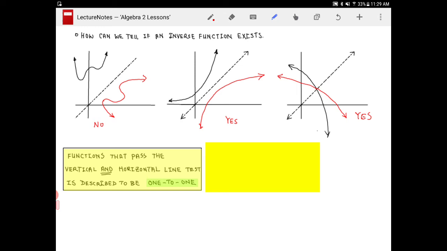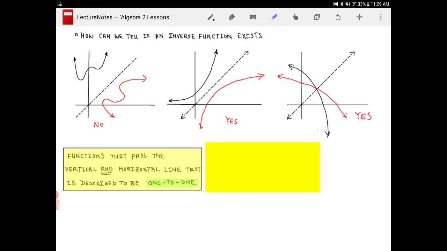If a function passes both, then if we reflect the function over the line y equals x, the inverse will most certainly pass the vertical line test. In mathematics, we describe a function that passes both the vertical and horizontal line test as being one-to-one.